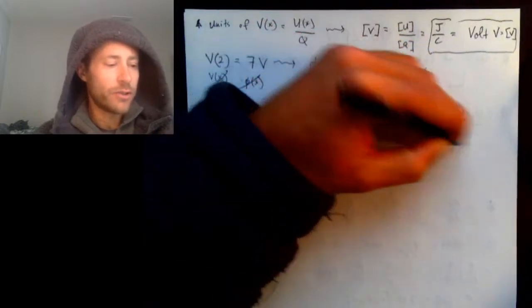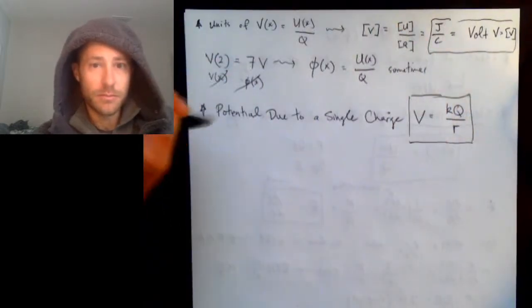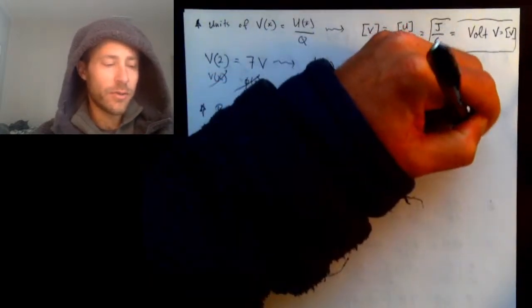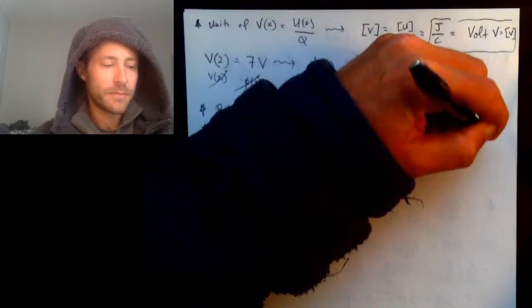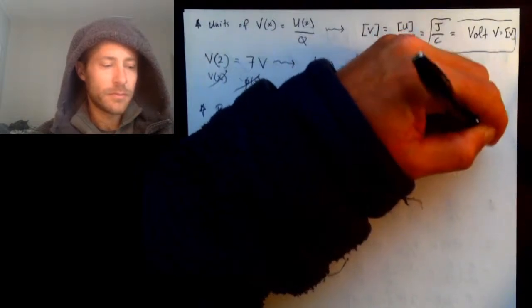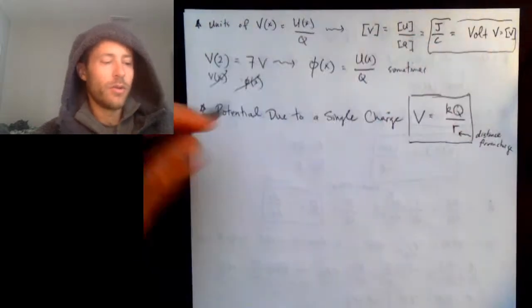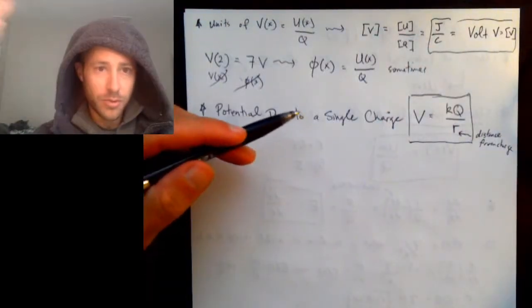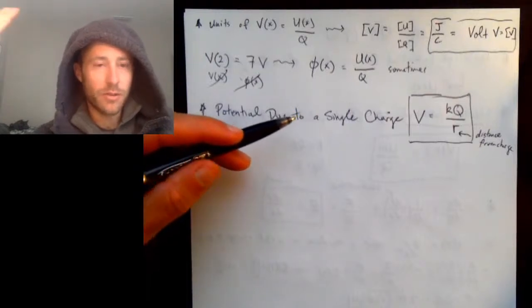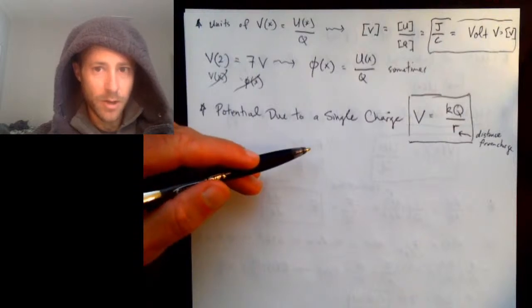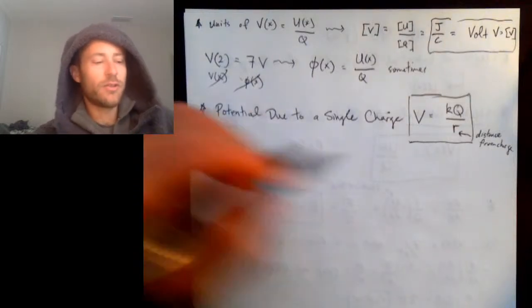So charges create potential. So r is the distance from the charge. So the further you measure the potential away from the charge, the smaller the potential will be, or the closer to zero it will be. So notice how this is 1 over r.